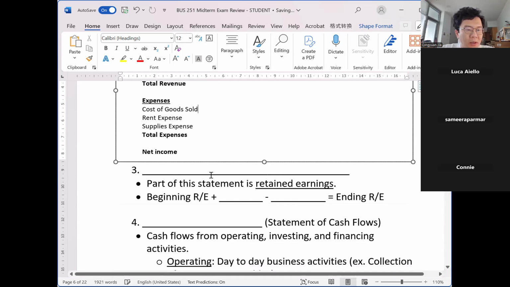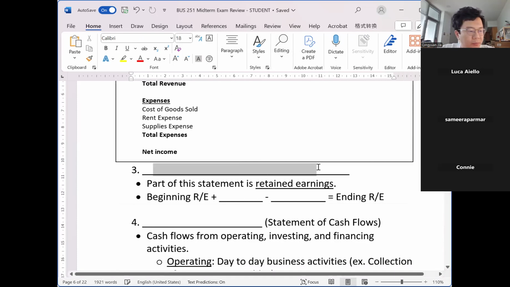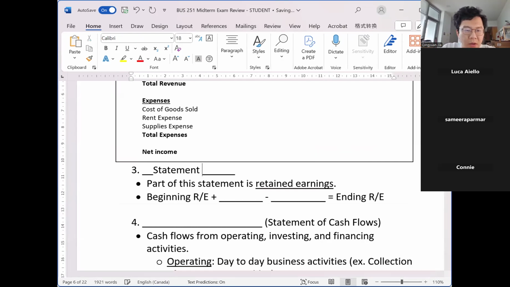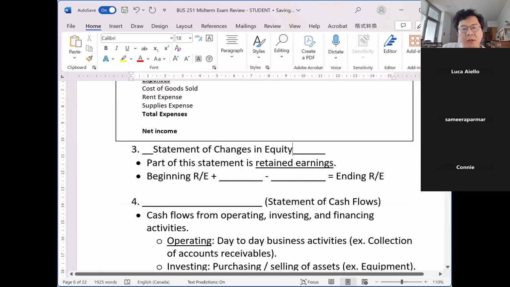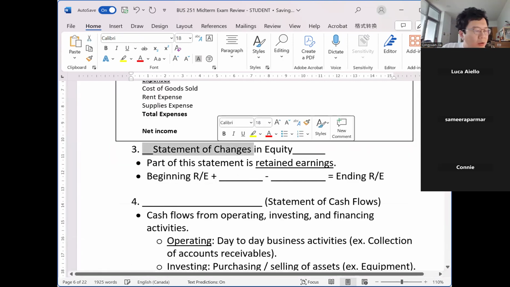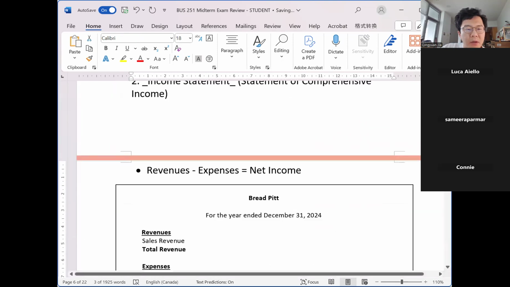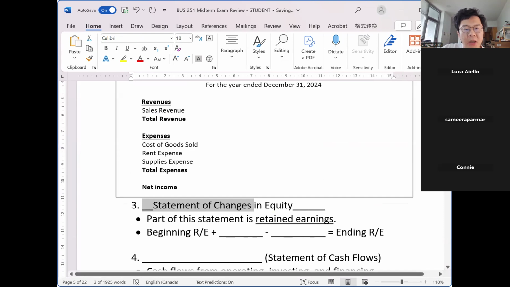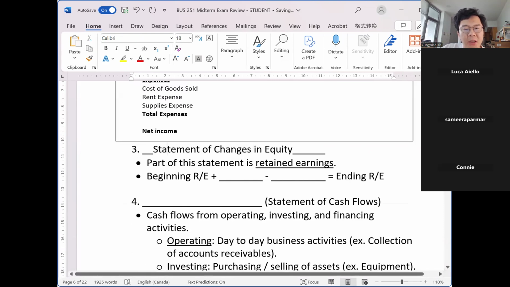And next one will be statement of changes in equity. So apart from income statement and also balance sheet, we have the statement of changes in equity.